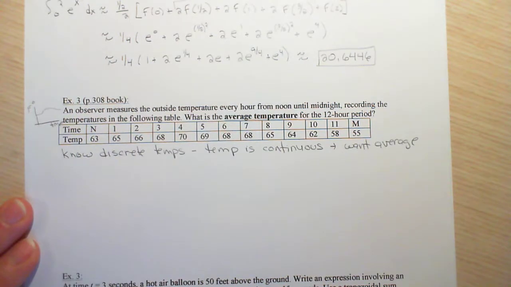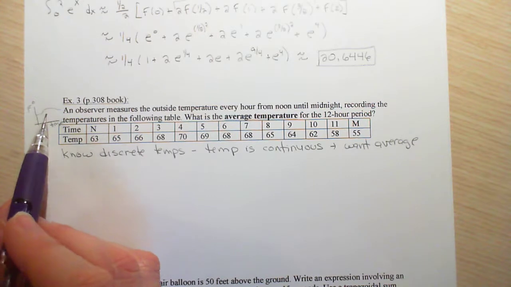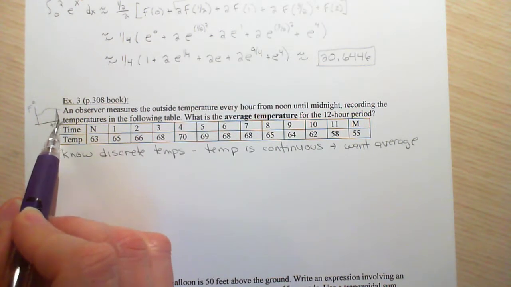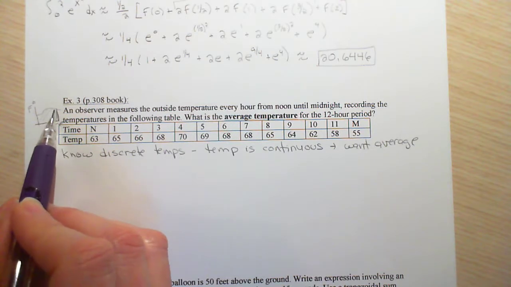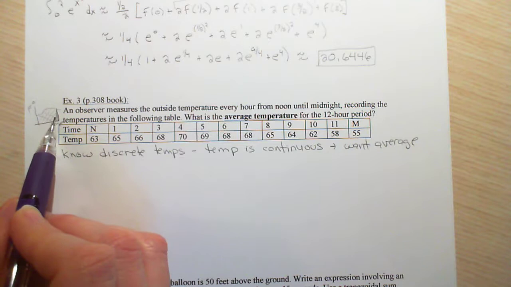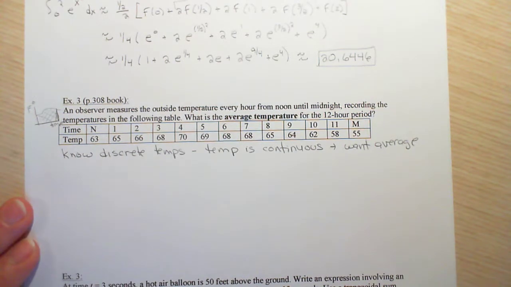So they've given us just discrete temperatures. When we take the area under the curve, which is what we're finding when we do an integral, that'll give us our average temperature. And we're going to do it using trapezoids.